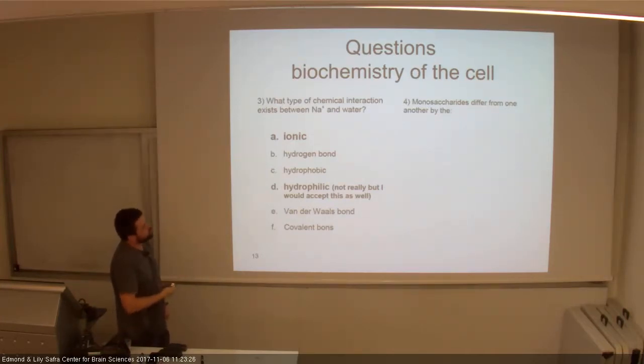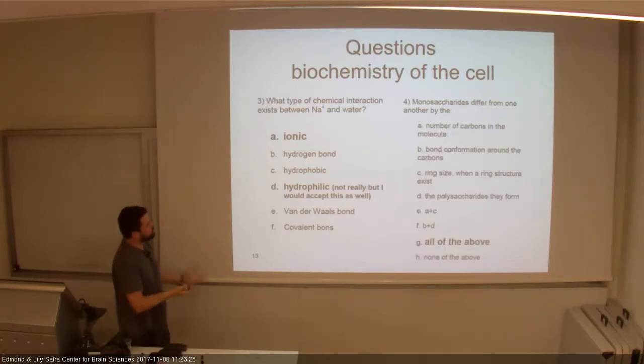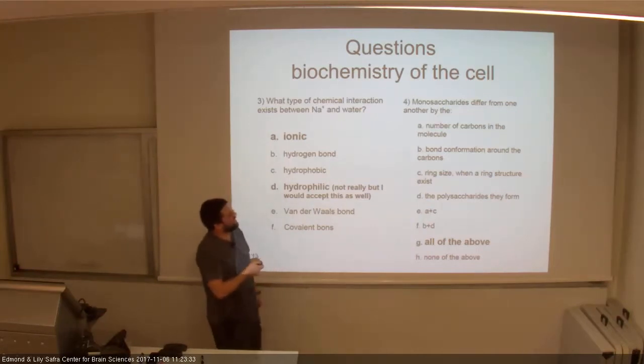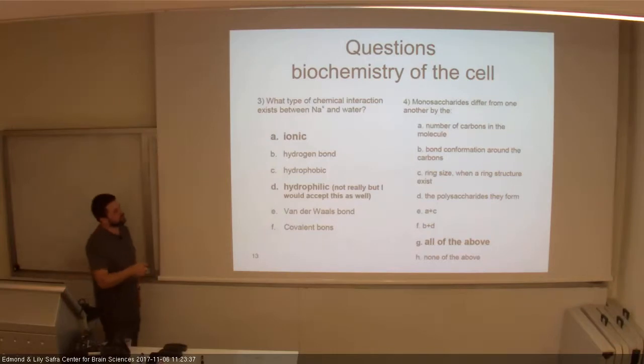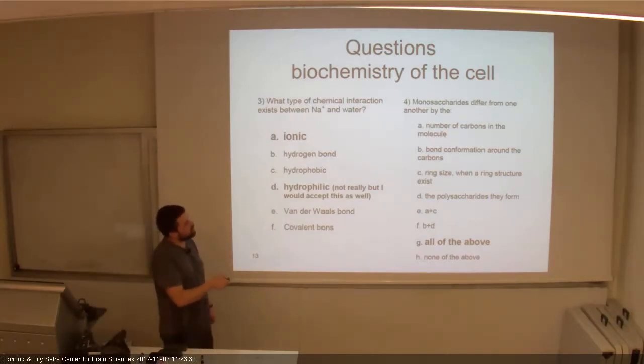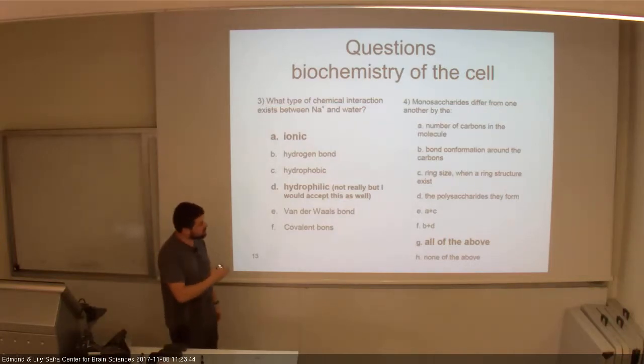Monosaccharides differ from one another by, I did it really bad. Next time I'll do it better. So, they differ from one another by the number of carbons in the molecule. We said that sometimes there are 5 carbons, sometimes 6 carbons.